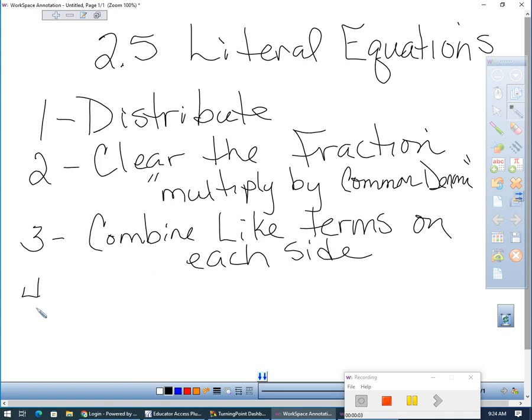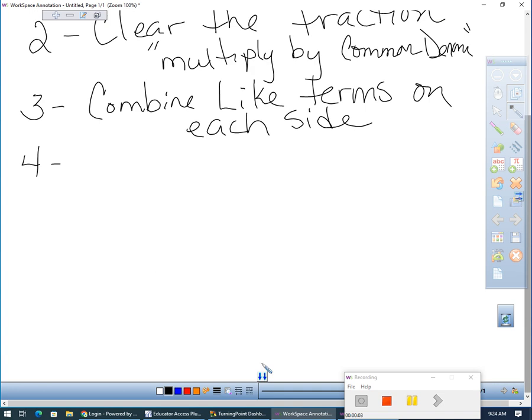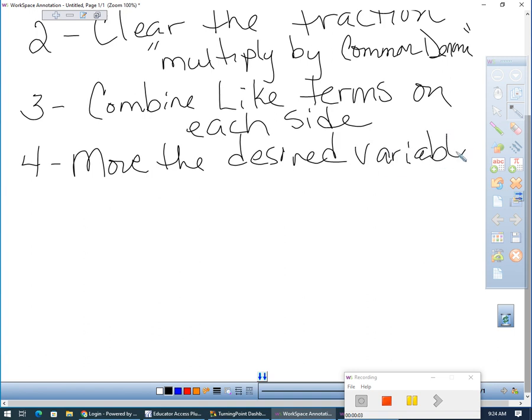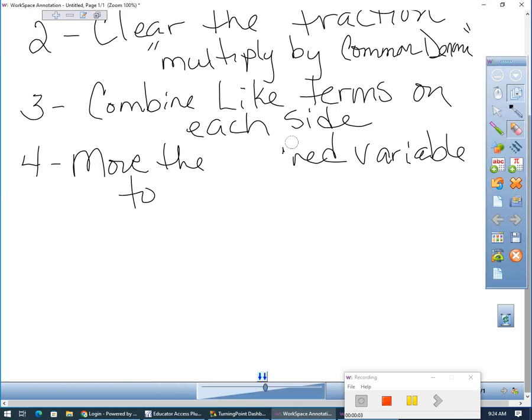Step number 4. Now, this word is going to be a little bit different, just a little bit. Step number 4, move the desired variable to the left. Here, I'll change that to wanted. What do you think? The wanted variable to the left. That's fine. Both are the same.